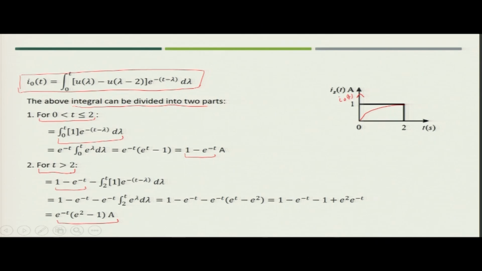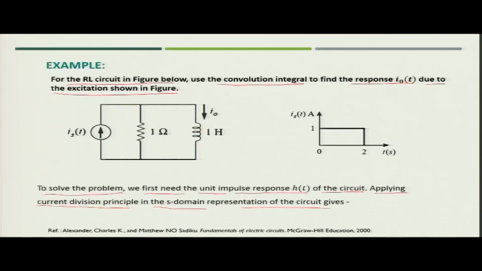For t greater than 2, the e square minus 1 term is constant, so the response is governed by e to the power minus t, which means it will be exponentially decaying. So, this would be the response of current I naught for the input signal Is. Now you can understand how you can solve circuits with the help of the convolution integral.